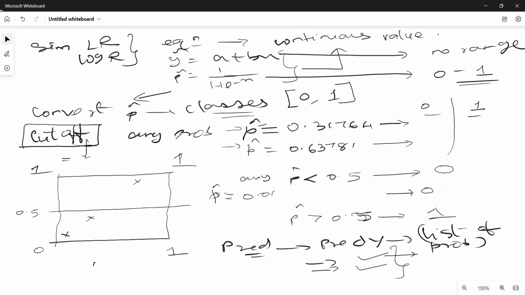By default, it is going to be 0.5. You can use this as the starting point, and according to the number of correct predictions and false predictions, you can change the cutoff from 0.5. You can bring it down to 0.3, or you can take it up to 0.7. That is up to you where you set the cutoff. So this is how the conversion of predictions into the class happens. Is this clear to everyone?